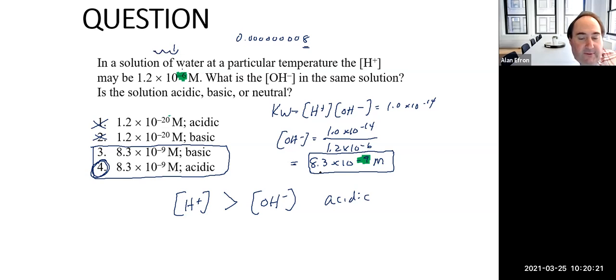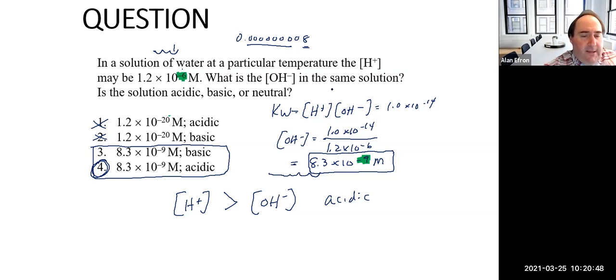Negative 9 means we're going to go 9 places this way and put a bunch of zeros, like I just did here. In comparison of those numbers, the H plus concentration is larger. So when you're dealing with negative exponents and comparing them, the smaller negative exponent is actually the larger number because you're putting fewer zeros in front of it. Any questions on that?